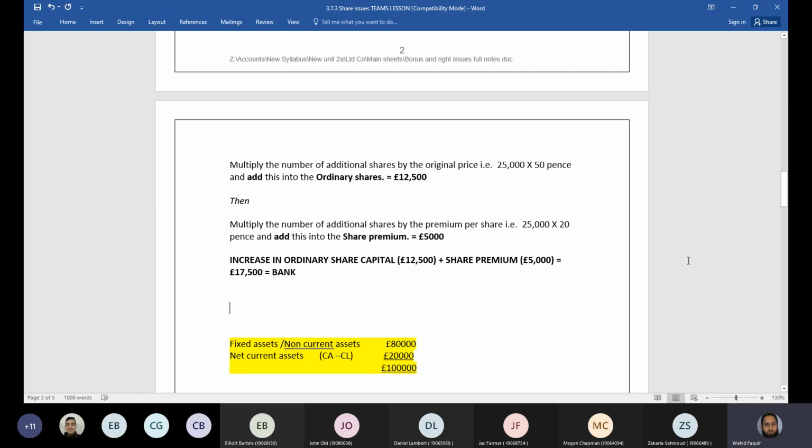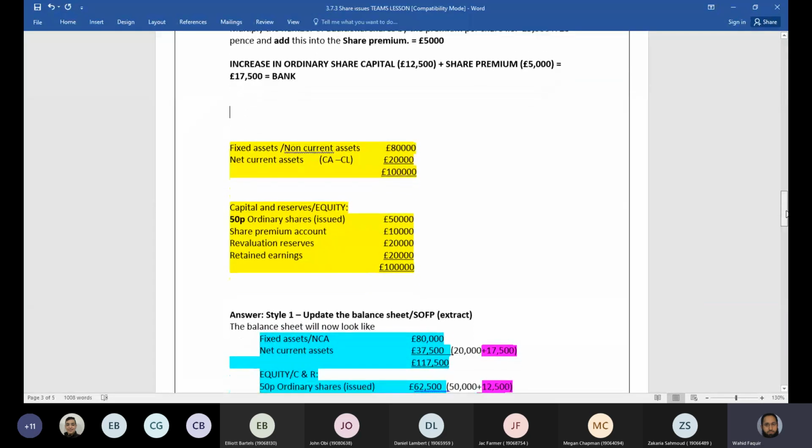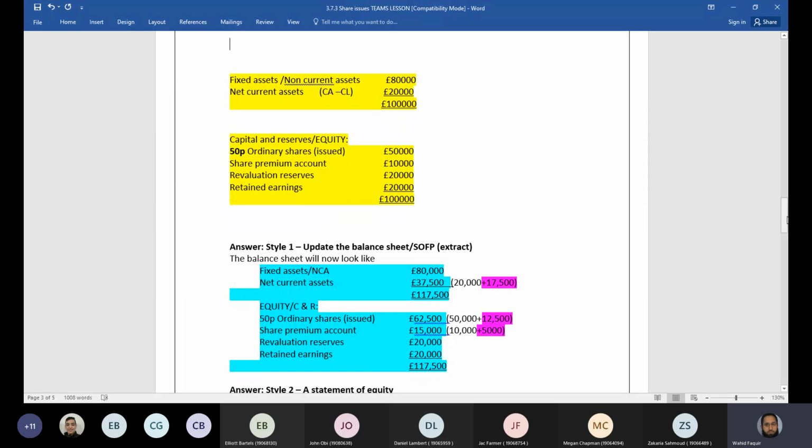Right, any inquisitive minds, any questions at this stage? Let's just have a look at how the statement of financial position is affected, and also let's record that in a Socie table for clarity. Right, so this was our opening position.